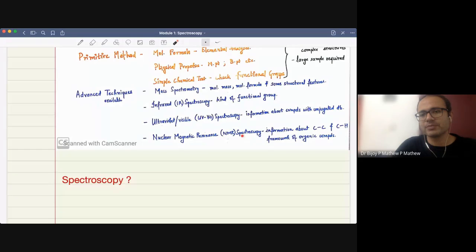Since you have already done, I guess, molecular spectroscopy, can you tell me what you remember about this term called spectroscopy? What do you know about spectroscopy? Can any one of you enlighten us on your understanding of this term?